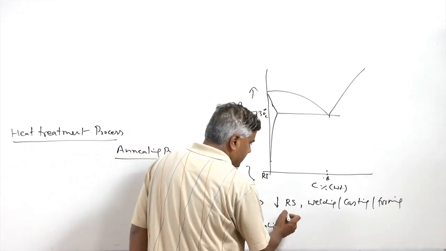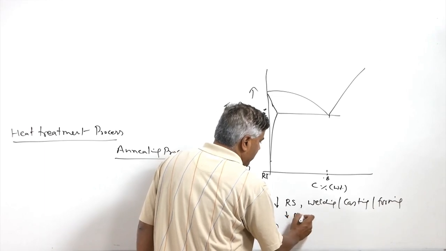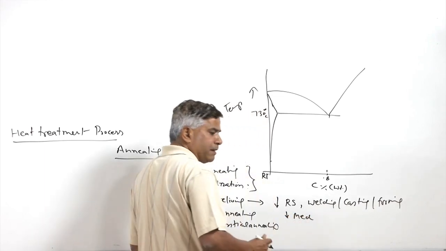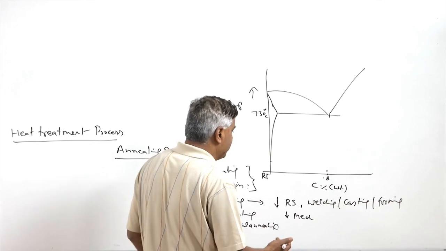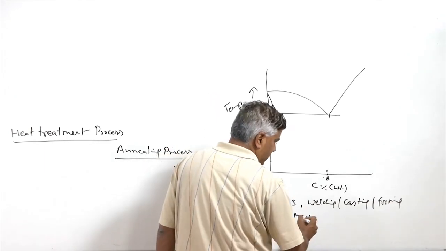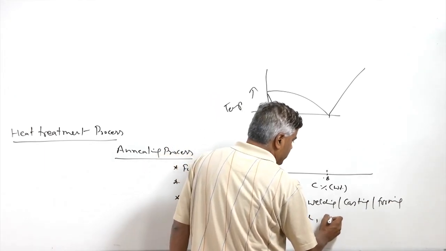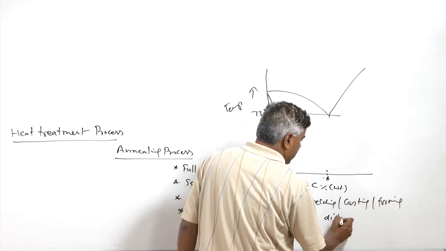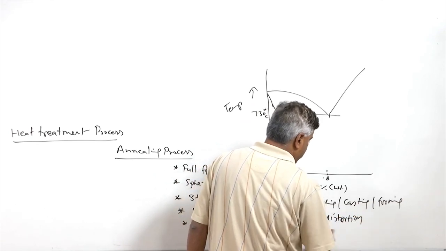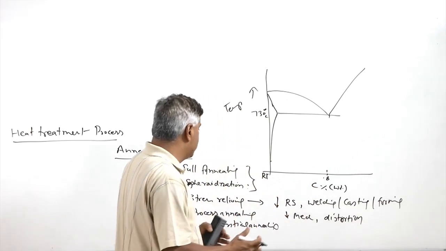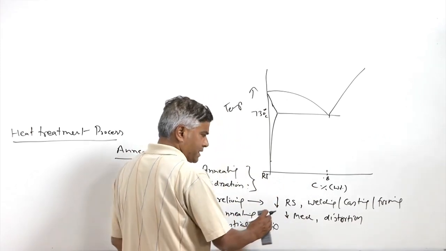These residual stresses in general lower the mechanical properties, adversely affecting the fatigue life and the toughness. Apart from that, they also increase the distortion tendency, and the dimensional stability is also reduced in the presence of residual stresses.